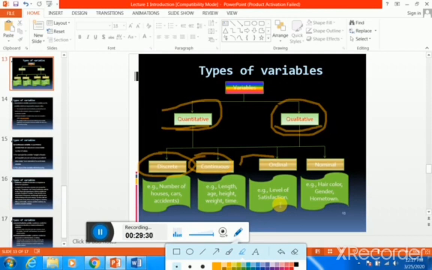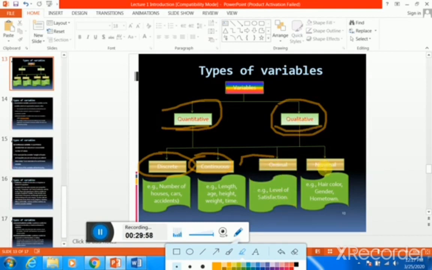Now you make a question: are you satisfied with the Samsung? You have to give options: highly satisfied, most satisfied, less satisfied, not satisfied. All these are clearly known as an order. So such a variable where we have an order or rank is simply known as your ordinal variable.